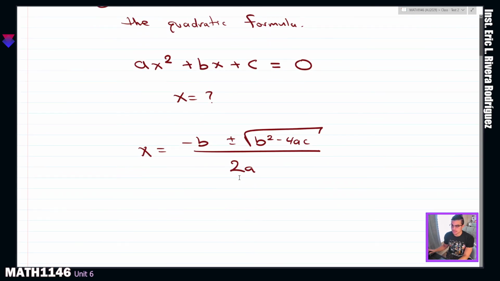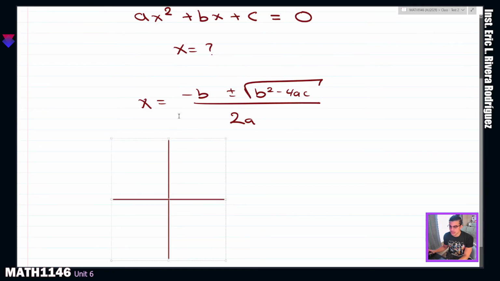Now, what is the meaning of this plus and minus? Well, we are working with a quadratic formula. We will have a parabola.